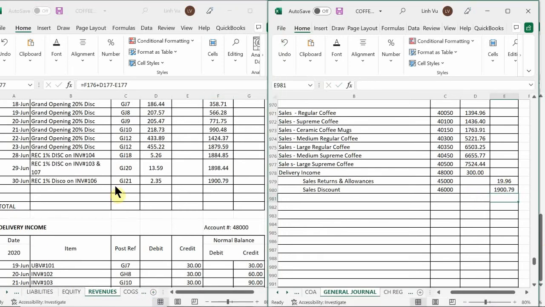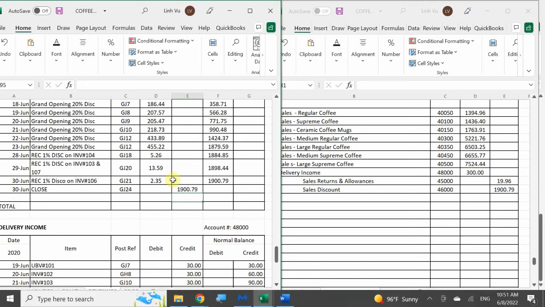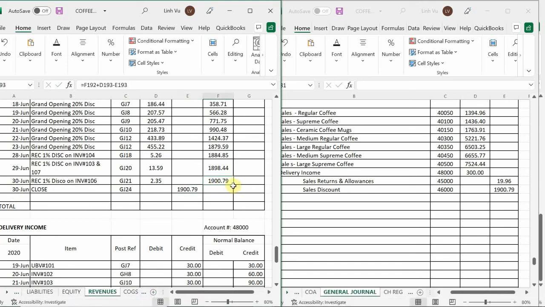Okay, and then I need to close this out for a credit of $1,979. So that should give me an account balance of 0.